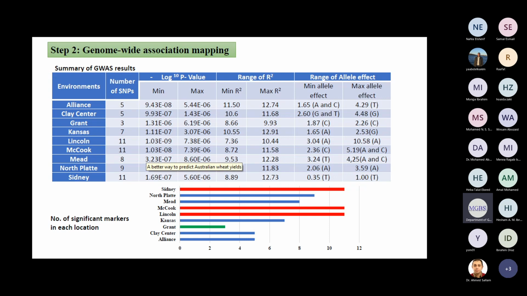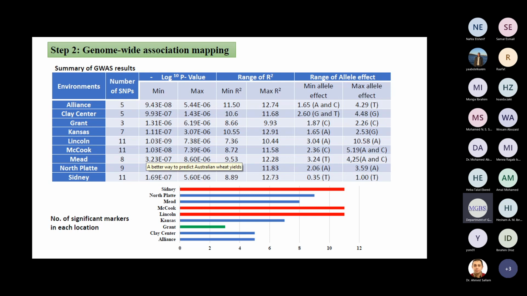This is the genome-wide association table. The second column is the number of SNP markers that we found in each environment. In Sydney, North Platte and Lincoln, we found like 11 SNP markers in this location associated with grain yield.